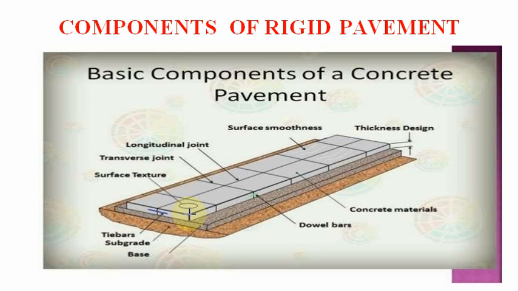We have the entire slab with the surface smoothness, then the longitudinal joint going throughout the length of the pavement, then the transverse joint which goes perpendicular to the length of the road, then the tie bars in order to bind the two slabs together, then the subgrade, the base course, the dowel bars, etc. So these are all the basic components of the concrete pavement.